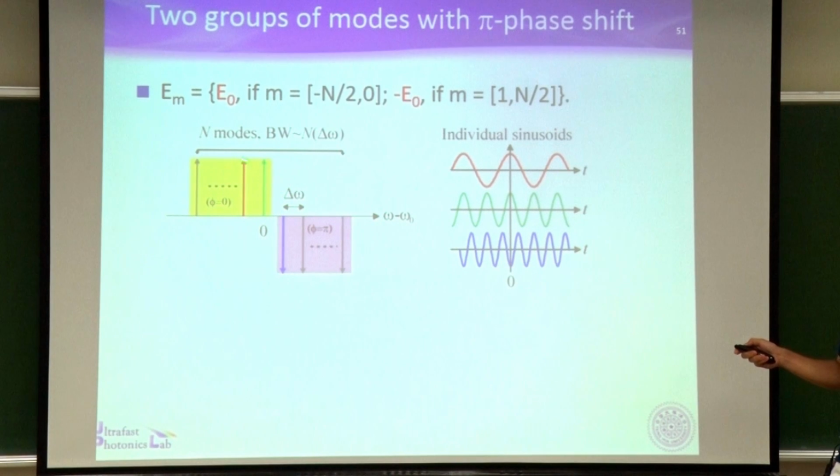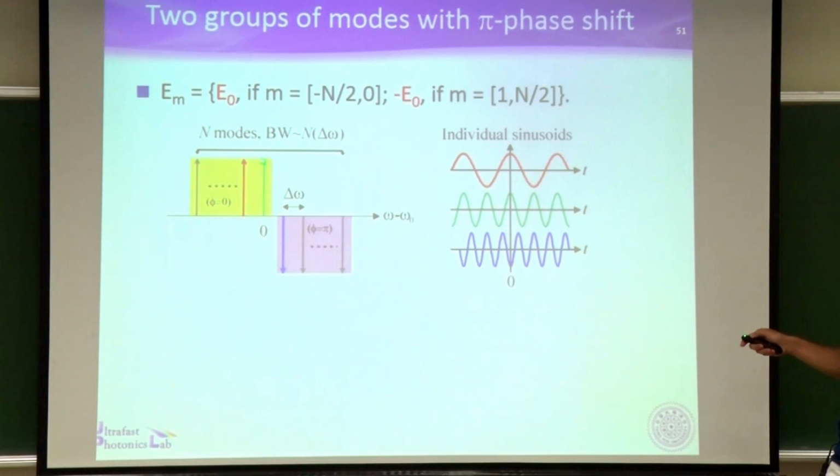Say we assume the left half of the modes have phase equal to 0, and the right half have phase pi. You still pick the central three modes for illustration.